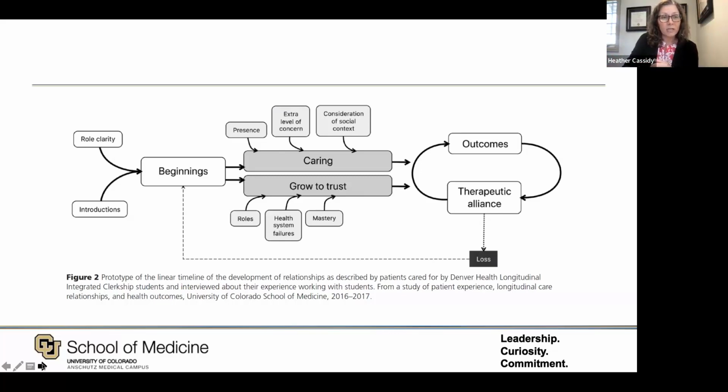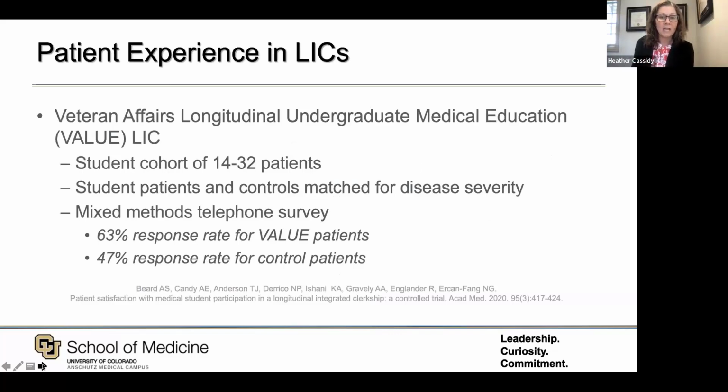There was another study that was done out of the VA at the University of Minnesota in a program called the Value LIC. And so the students here, they would develop a cohort of 15 to 30 patients approximately. Our students are asked to develop a cohort of about 15 patients.